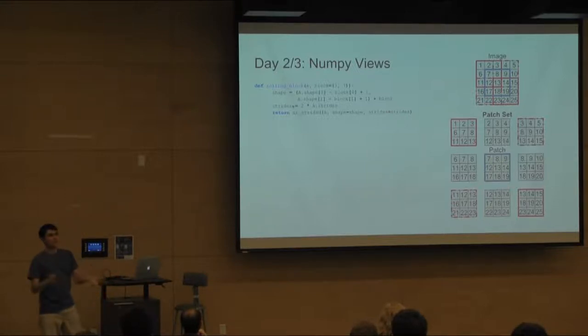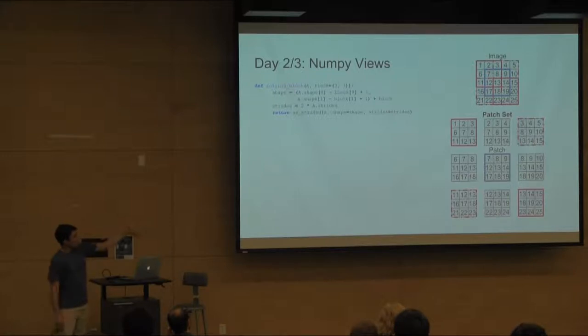So this is really not creating a new array. It's just creating a new view on the array. And our goal is to get all those 9 sets of patches.